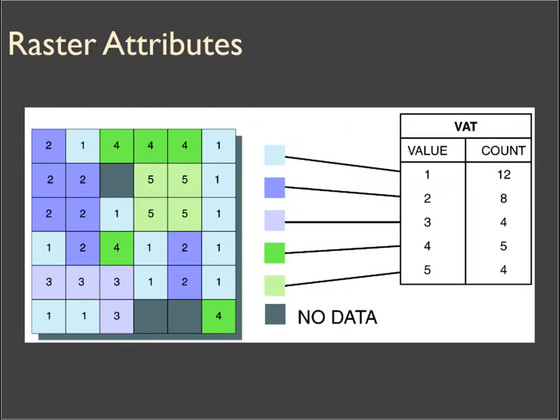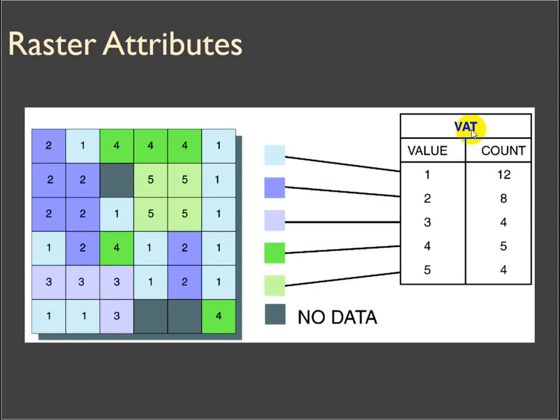Okay, raster attributes. Here's the biggest difference between raster and vector data, and it's just important. We don't have a row in the attribute table for every cell. That would be crazy.